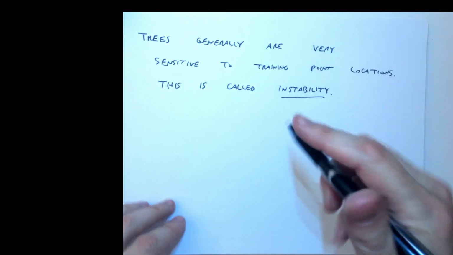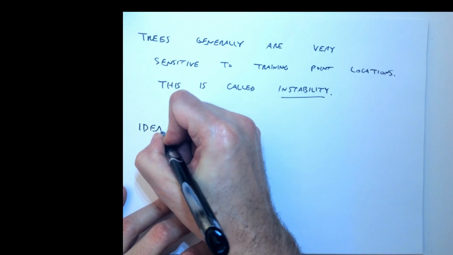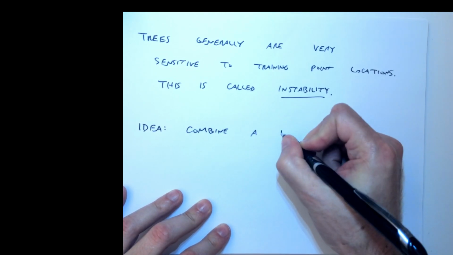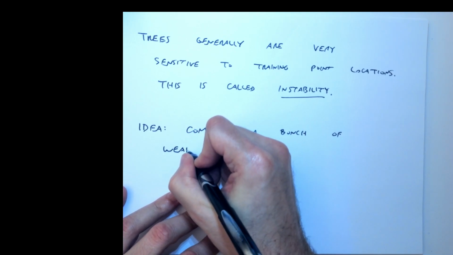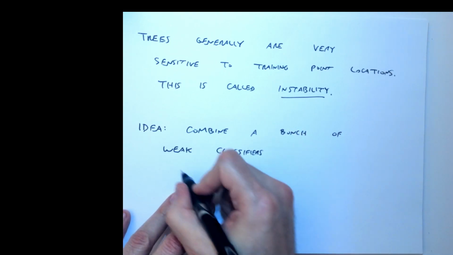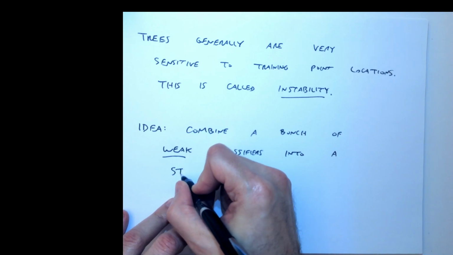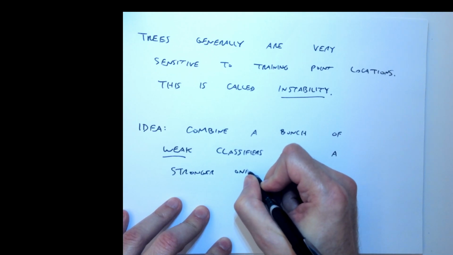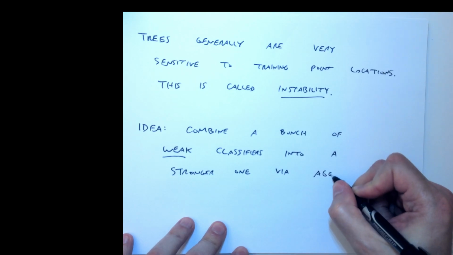So a key idea here is to combine a bunch of what are called weak classifiers into a stronger one via some sort of aggregation.